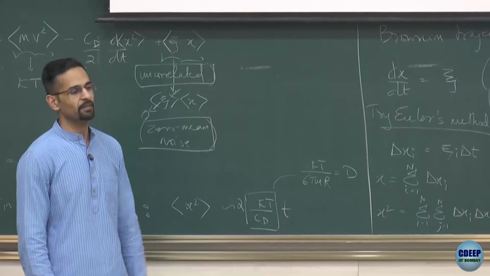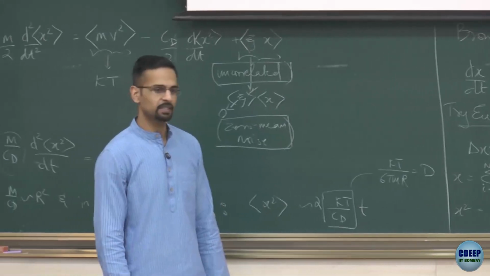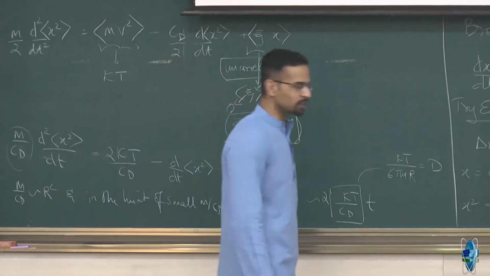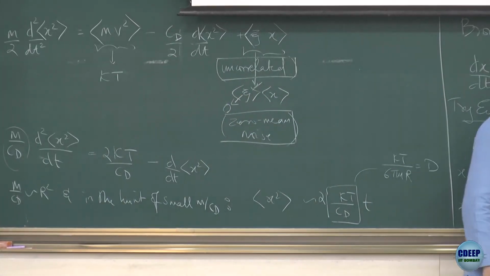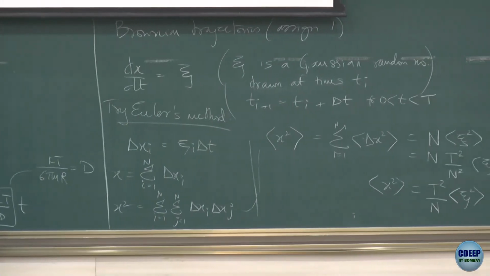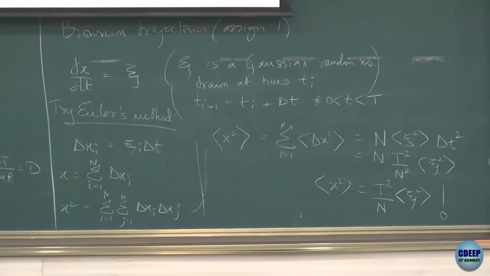Only then do I have any hope of it being accurate. It may still not be accurate, but at least it should converge. But here, it's telling you it's not going to converge. The more steps I take, the smaller the delta t, the less will be my variance.